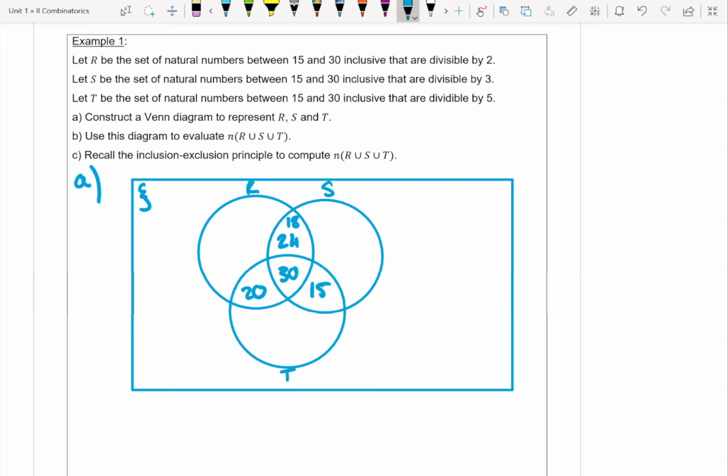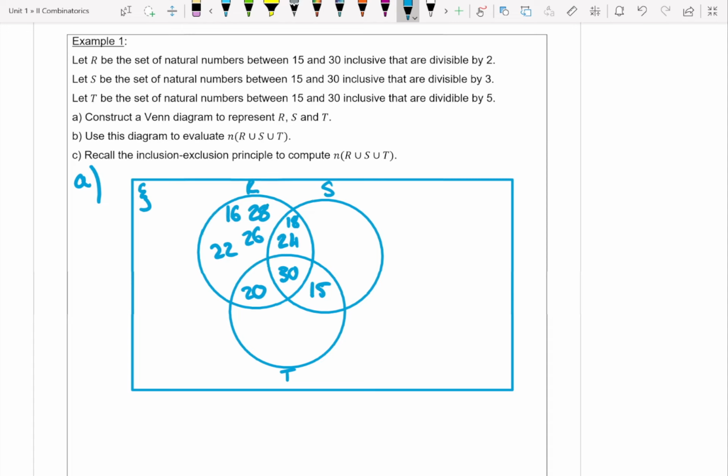So now we need to populate all of the other numbers. We know that the other even numbers are going to be in set R. So we have 16 as our first even number, 18 is already accounted for, we're then going to have 20, which is accounted for, 22 is next, 24 has been accounted for, 26 hasn't, and 28 hasn't.